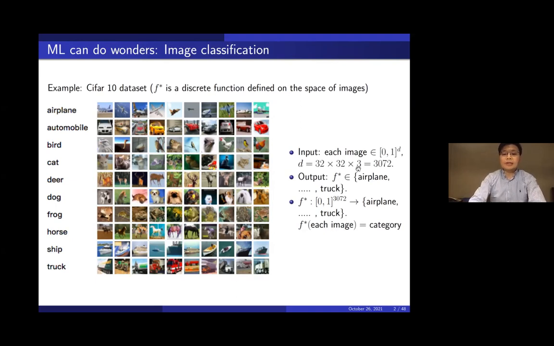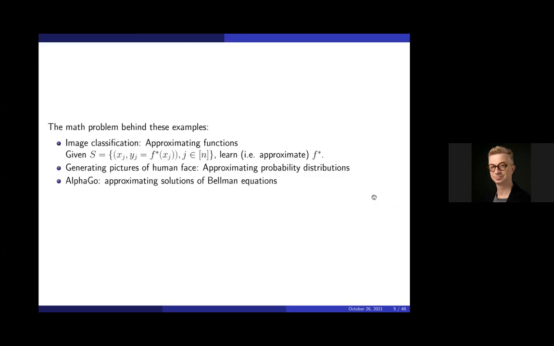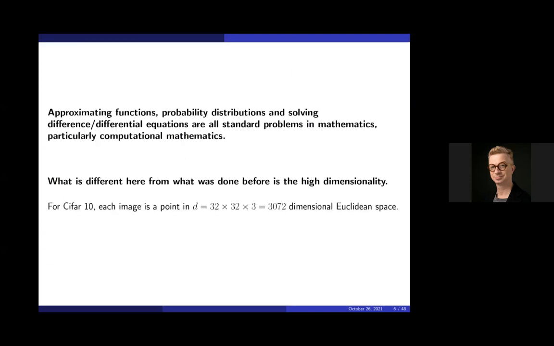The 3 comes from the dimensionality of the color space. So each picture is a point in a 3072-dimensional space. So we're really approximating a function in a very high dimensional space, and that's what's new in these examples.